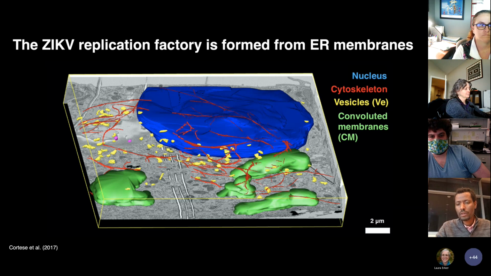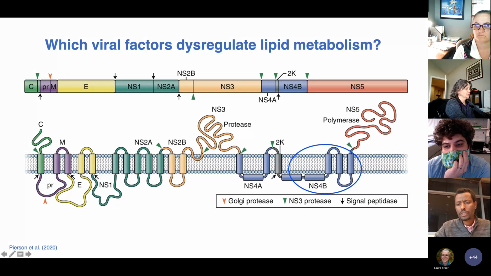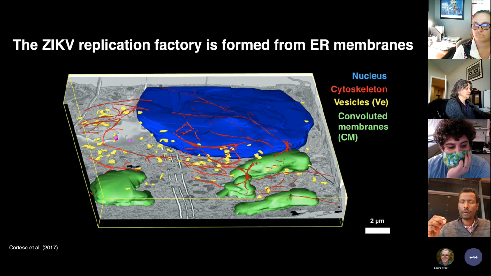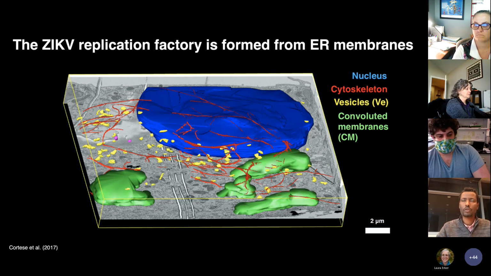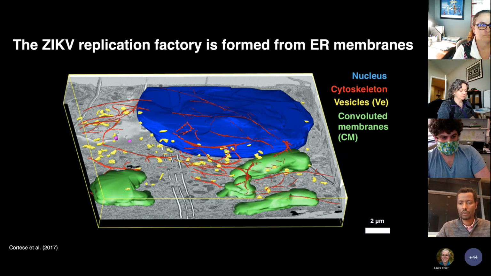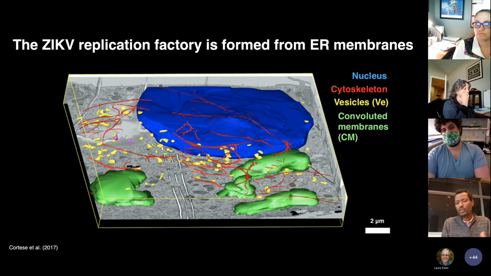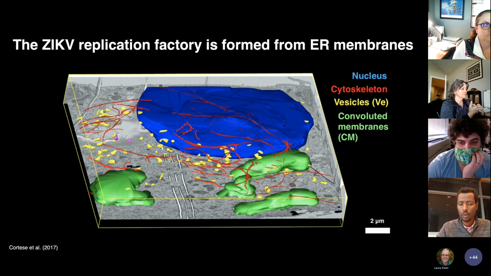And what they found was that NS4B, which is this transmembrane protein, causes the strongest ER stress, and also it induces the strongest autophagy pathways. So which means that both cellular processes are dependent on lipid metabolism.